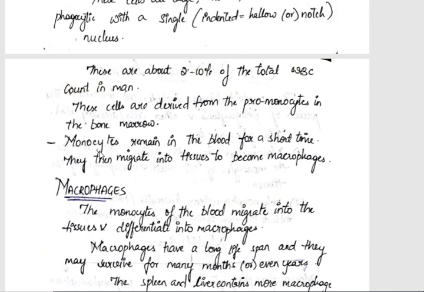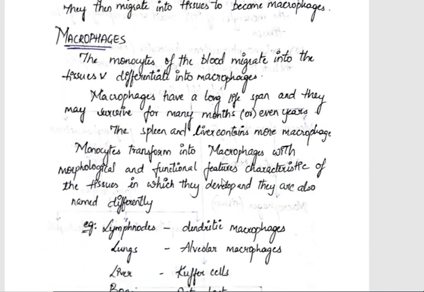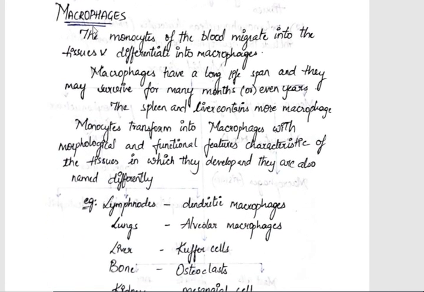The monocyte form lasts only a short time while it is in the blood circulation. Once these monocytes migrate into the tissues or organs, they become macrophages. They are named monocytes only while in the blood circulation; when they migrate into the tissues, we call them macrophages.